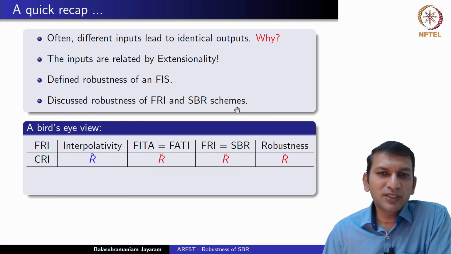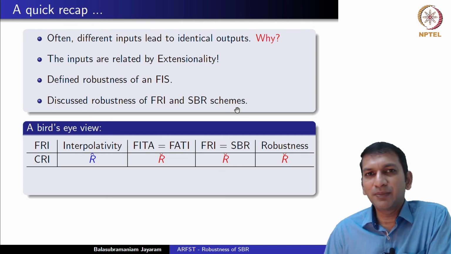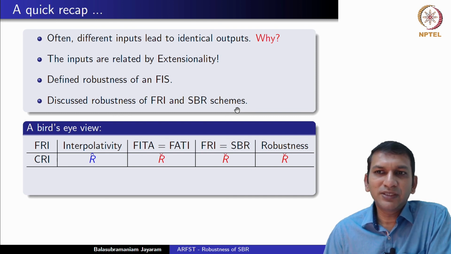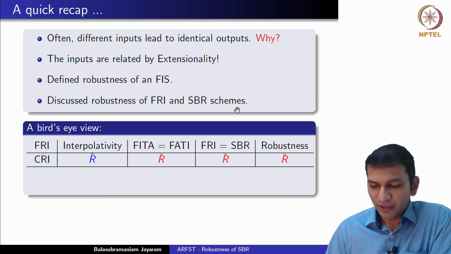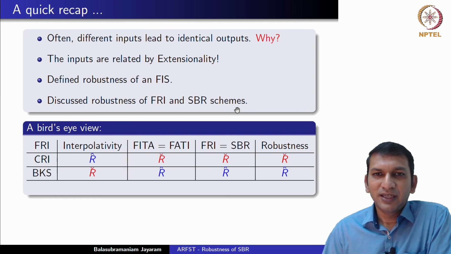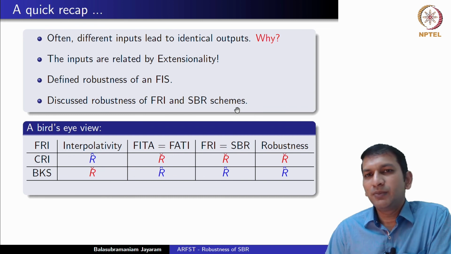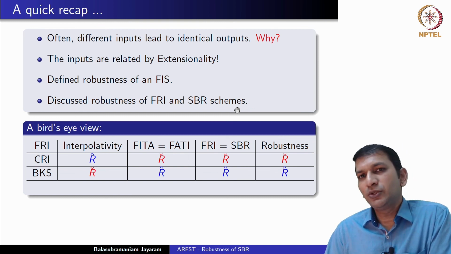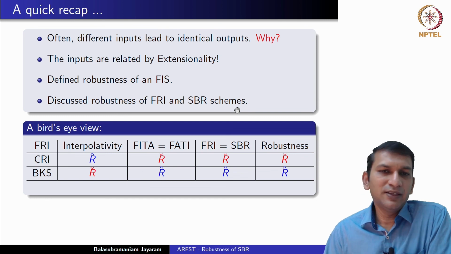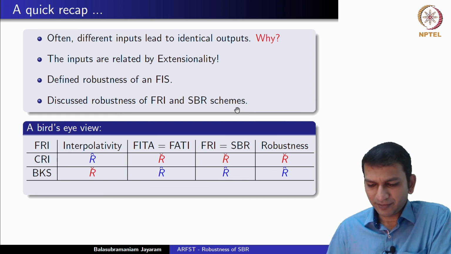However, when it comes to discussing robustness or whether CRI can be expressed as an SBR, or the question of when theta is equal to phi, it is R check which actually comes into play. Dually, if you consider BKS, R check plays a role when it comes to interpolativity, but it is R cap which is important to discuss questions of equivalence between theta and phi, when a BKS can be looked at as an SBR, and finally to discuss the robustness of the underlying inference scheme.